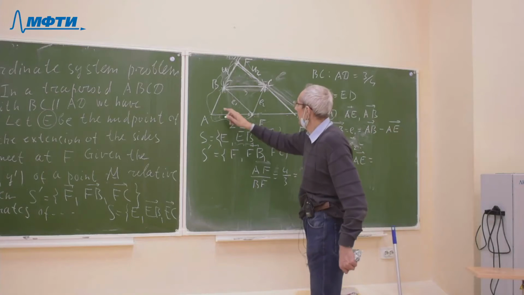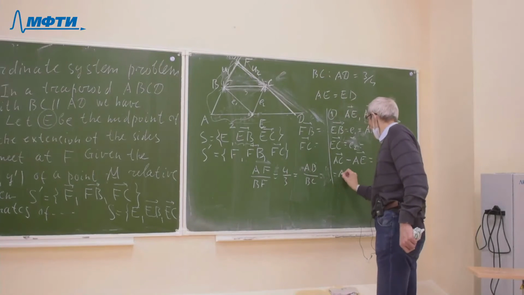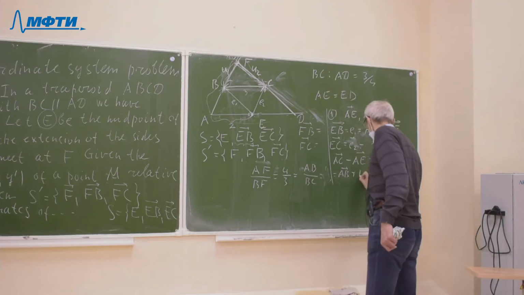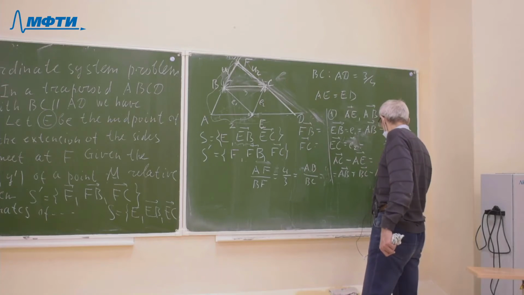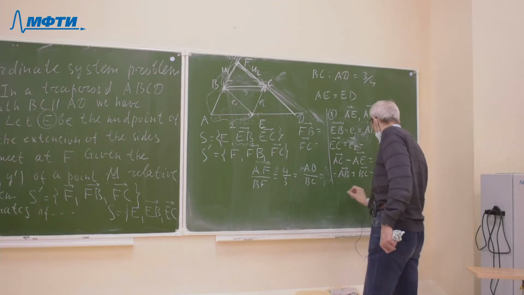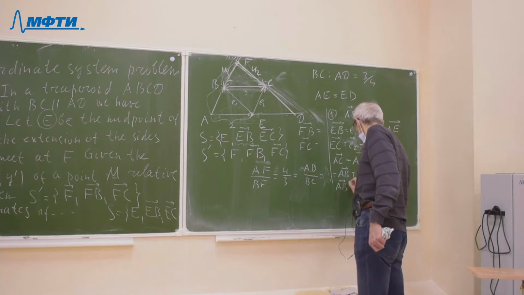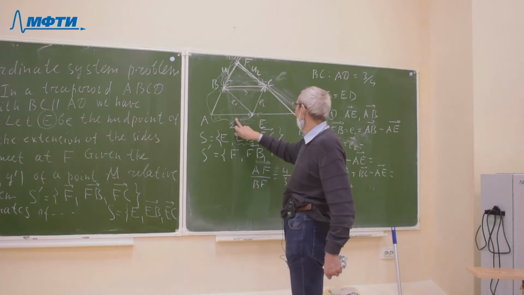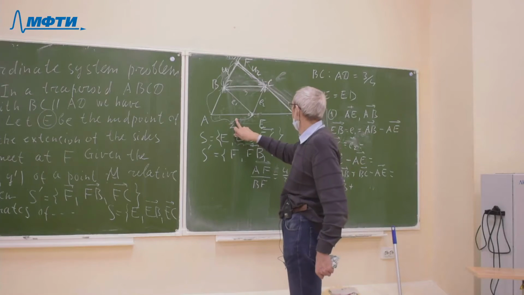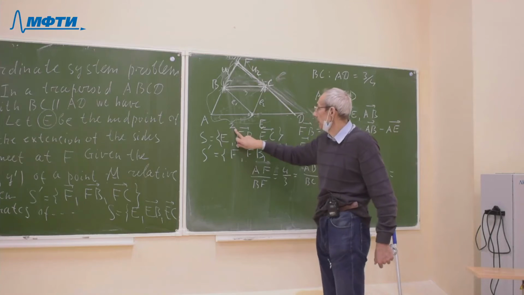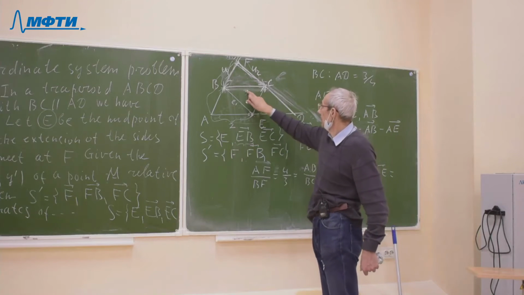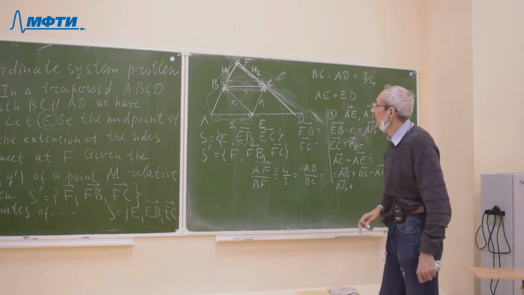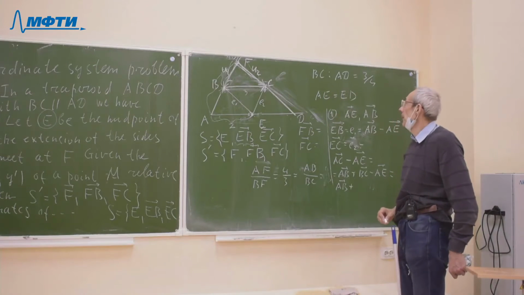But AC is equal to AB plus BC. But BC is 3 ones and AE is equal to 2 ones, because BC is equal to AE times the ratio 3:2.